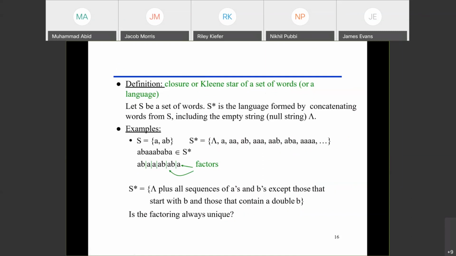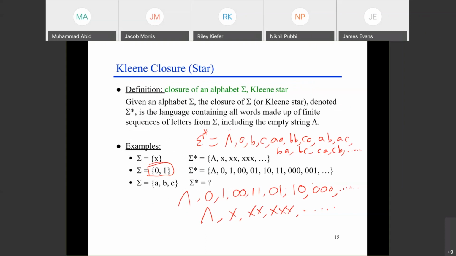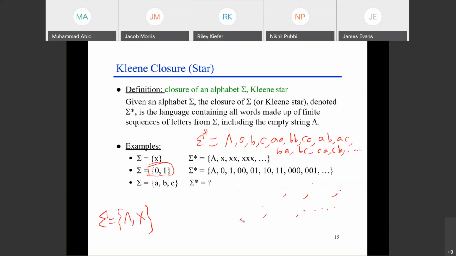There is one scenario I want to discuss with you. Let's say you have a language composed of lambda and x, and we want to find the Kleene star of this language, all possible combinations of this.